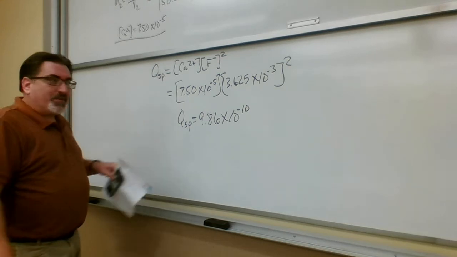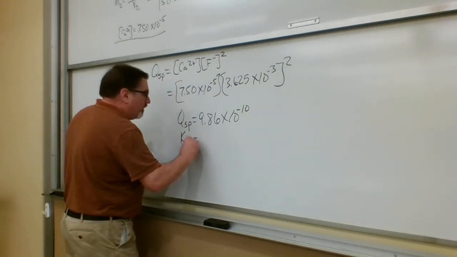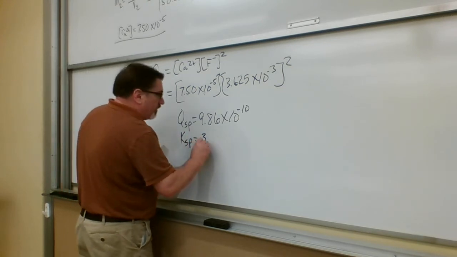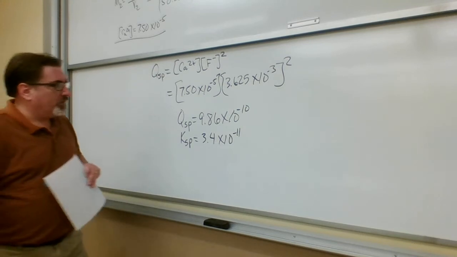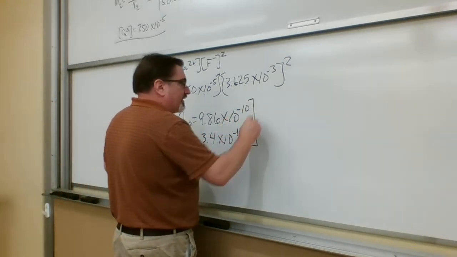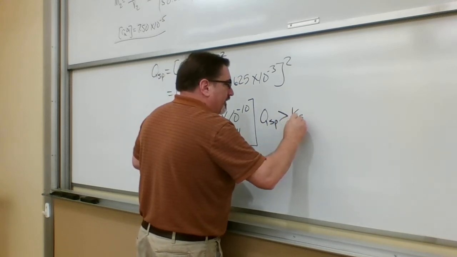We compare QSP to KSP. KSP from our problem was 3.4 times 10 to the minus 11th. So from these two values, we get that QSP is greater than KSP this time.